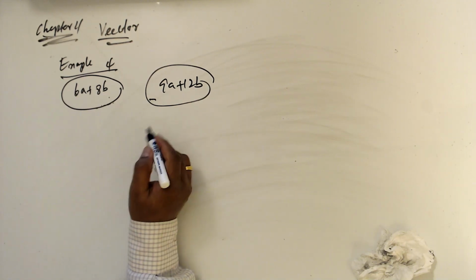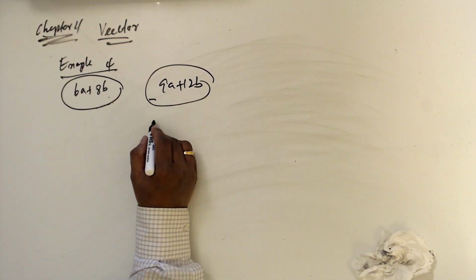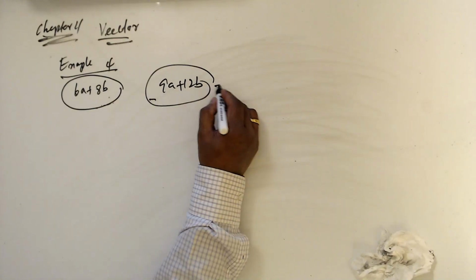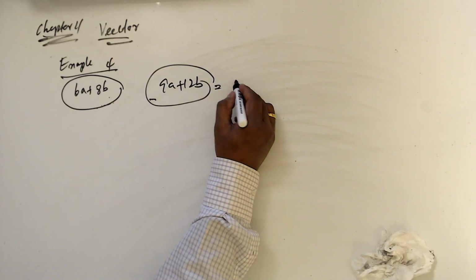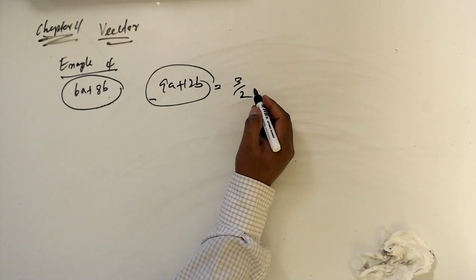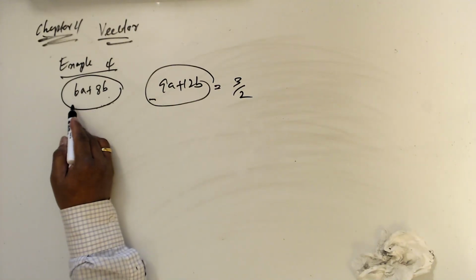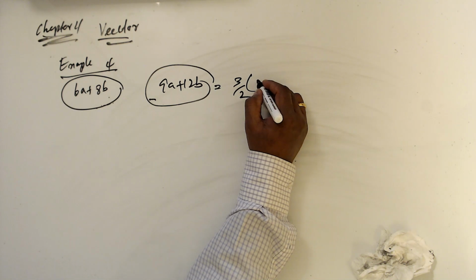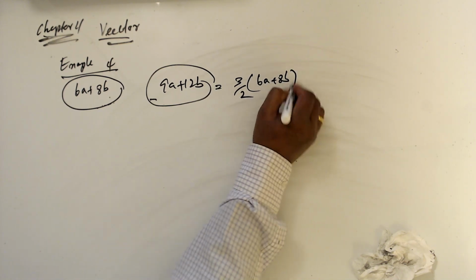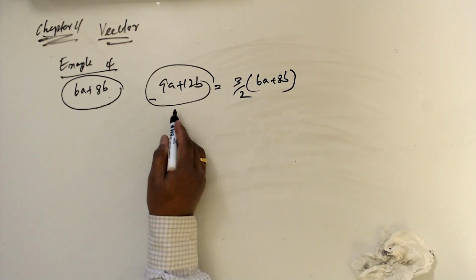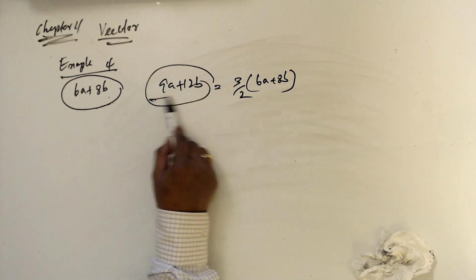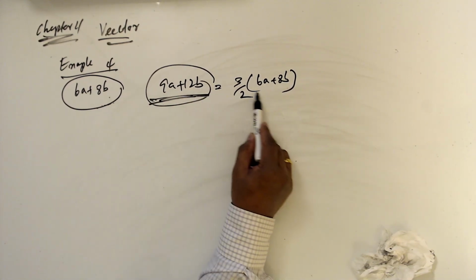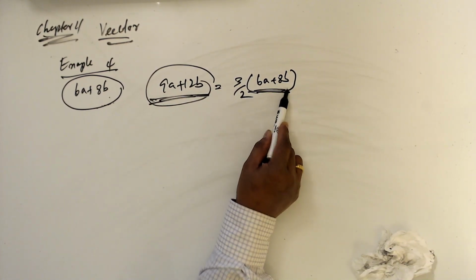Now I can write this one as 3 over 2, so divide by 2 and multiply by 3, of 6A plus 8B.